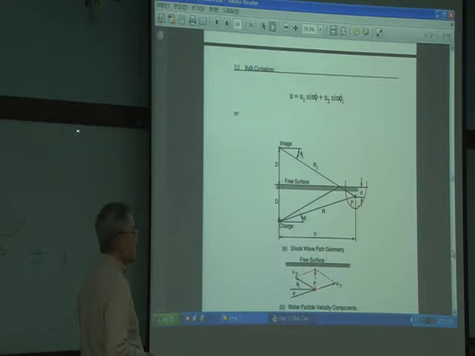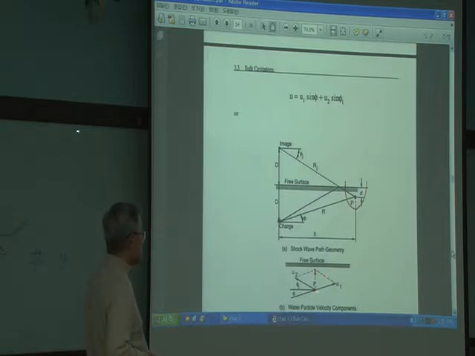Think of this as a fluid particle velocity. Then you can compute u1, the fluid particle velocity of this guy. Or you can say u1 is the CG velocity of the ship due to the incident shock wave. This guy is toward that direction, which is called the fluid particle velocity due to what? Tension wave. Right? So moving in that direction.